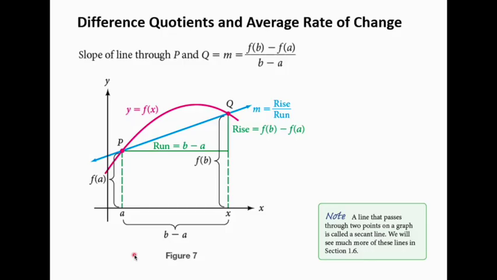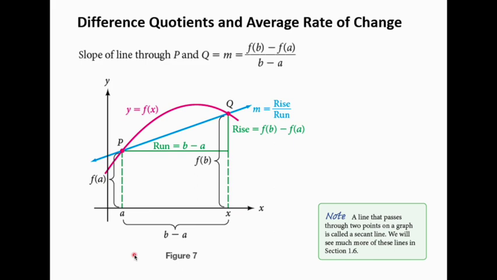Now that we've had quite a bit of practice with slopes, average rate of change, and how we apply that to real-world settings, we're going to keep up that idea of average rate of change, but transition it to a more general approach.